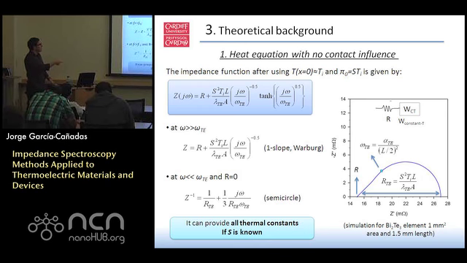Imagine this is an experimental measurement. If we fit the spectrum with this equivalent circuit, we obtain three parameters. We obtain the series resistance, which provides information about the electrical resistance of my leg, my thermoelement in this case, plus the contact resistances.